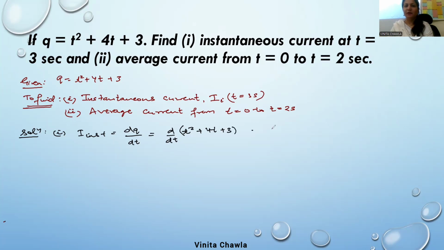Now we will write 2t plus 4. So we have to find instantaneous current at t is equal to 3. This is 2 into 3 plus 4. 6 plus 4, 10 ampere.